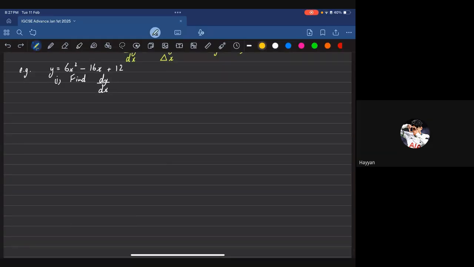All right, let's see. So you've got y is equal to 6x squared minus 16x plus 12. Wait, let me write it down with a bit of gaps. Okay, too much gap.